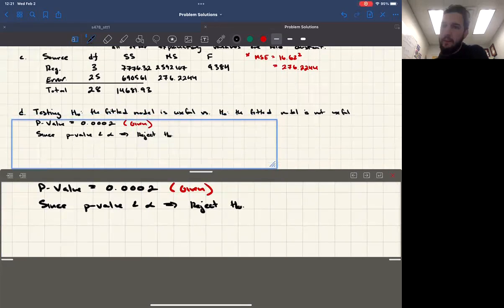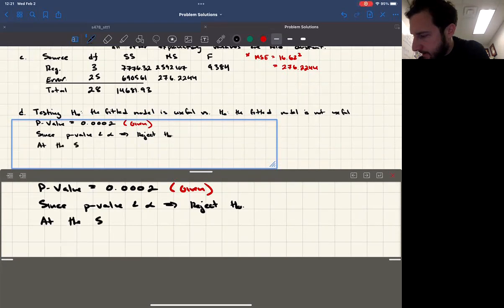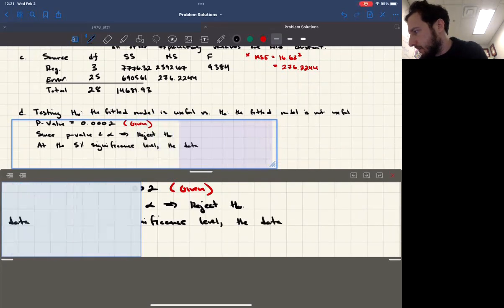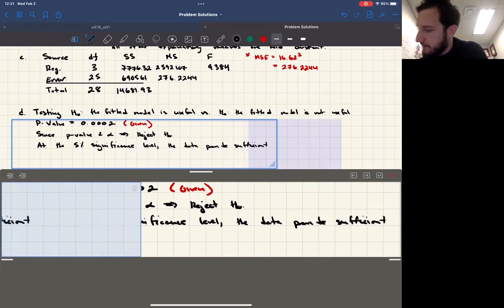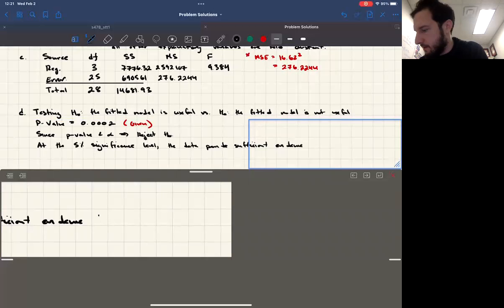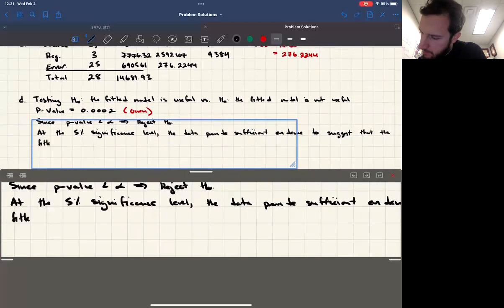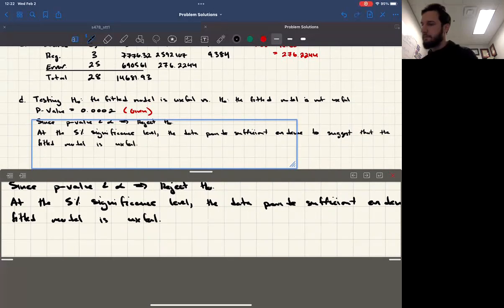And then the key part of the question, given the decision about the null, is: at the 5% significance level, the data provide sufficient evidence to suggest that the fitted model is useful.